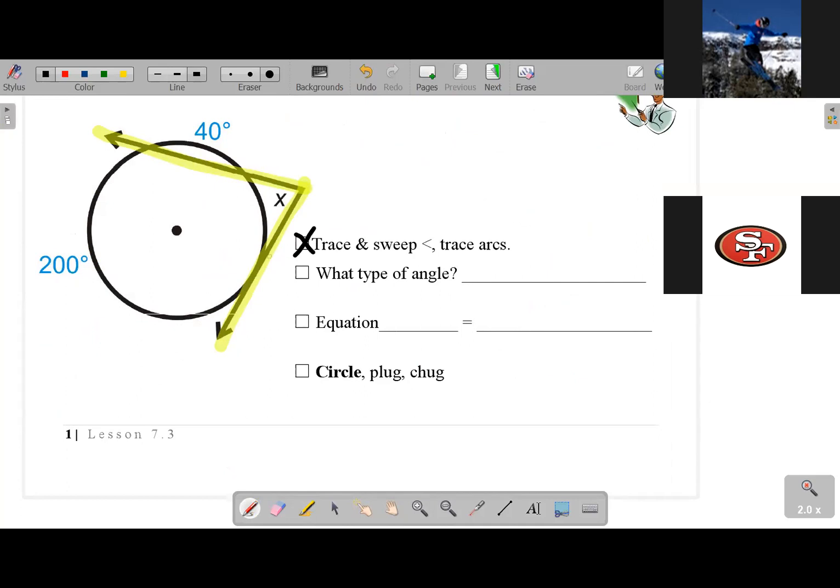10 seconds. Identify what kind of angle this is. And I mean, which of those 7 angles is it? 10 seconds.